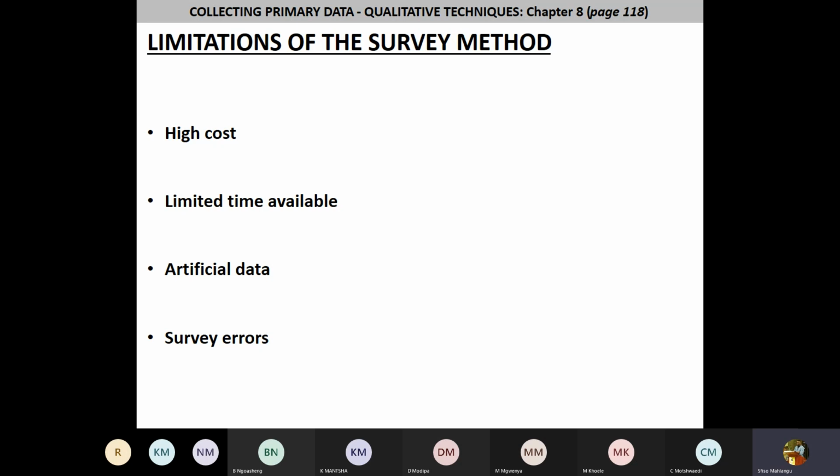The last bullet there says: As the essence of a survey is a communication process between humans, it is subject to those weaknesses related to human communication. The respondents may not answer truthfully, may exaggerate to avoid feelings of embarrassment. Alternatively, the respondent may simply misinterpret the question asked, which means they will end up providing incorrect data.